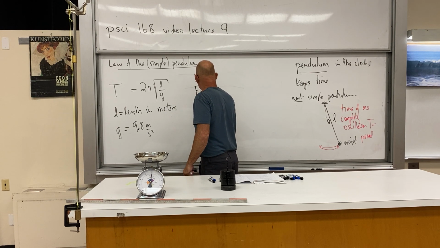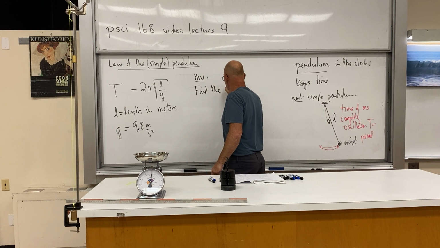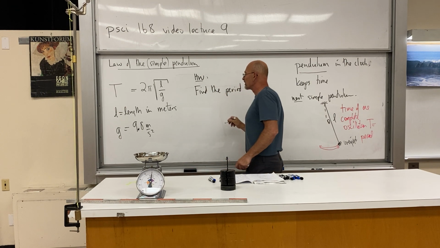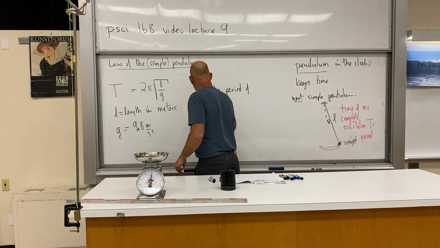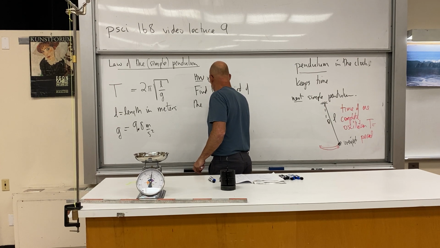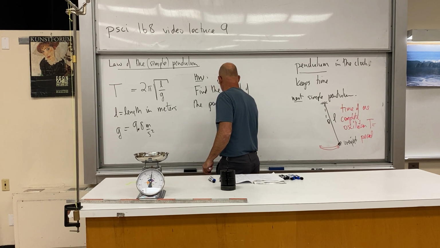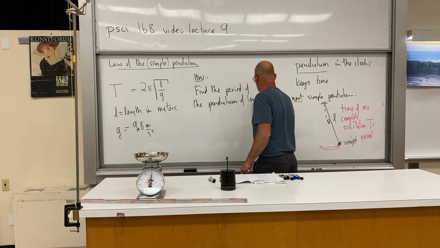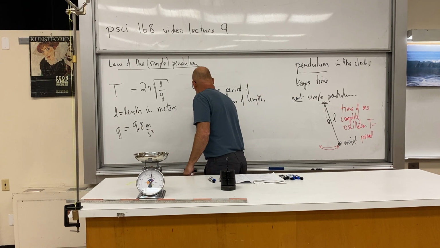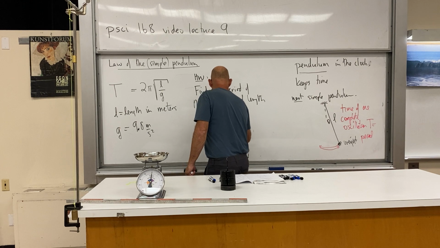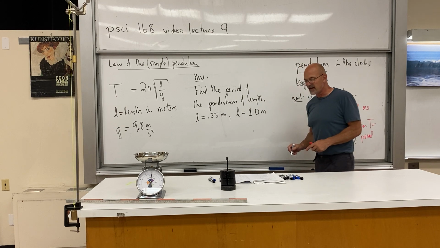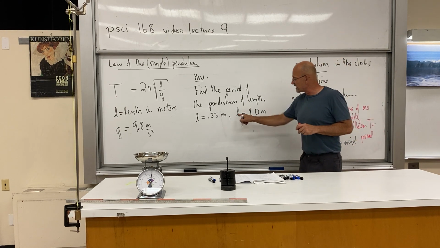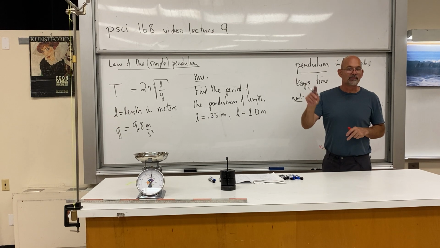Find, by calculating, the period of the pendulum of length L equals 0.25 meters, L equals 1.0 meters. You're going to find them to be very close to 1 and 2, but there will be some decimal points involved as well.